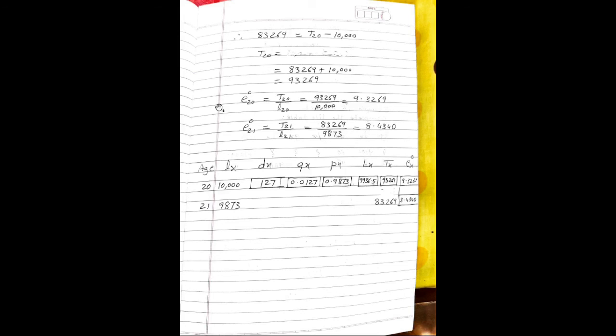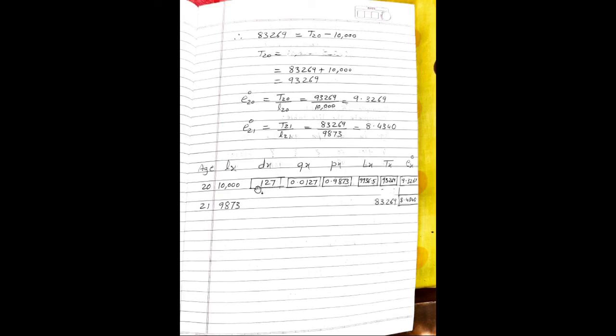We can rewrite the things in the following table as age 20, 21. Lx values have already been given as 10,000 and 9,873, and we have the T21 value also which is given. The values which are in boxes, we have already calculated.